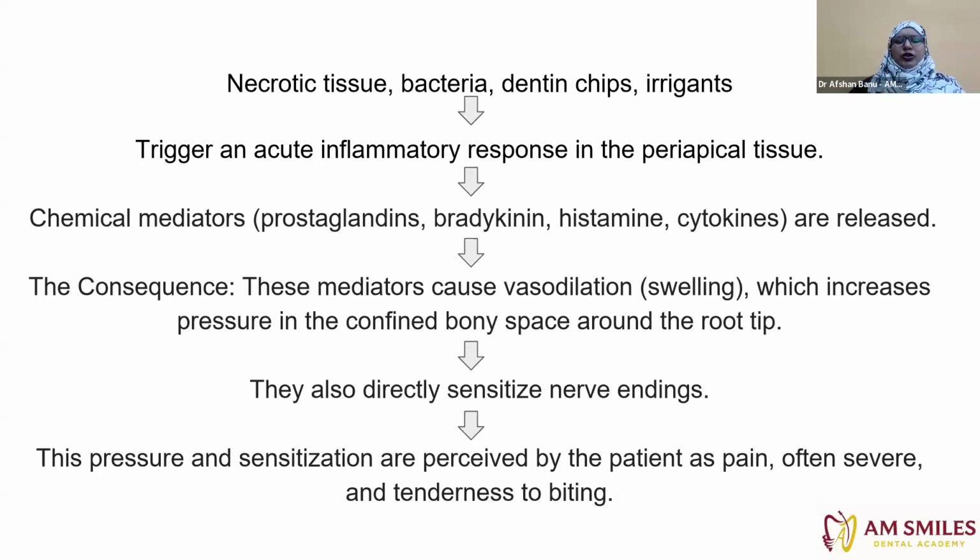So imagine someone hits you on your hand, or you just got pricked in your hand. Suddenly the same type of chemical mediators will come to that region, and it will cause vasodilation and swelling. Now there is only air around your hand, so no problem at all, no pressure.